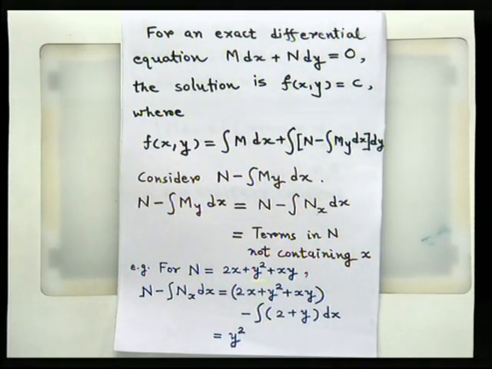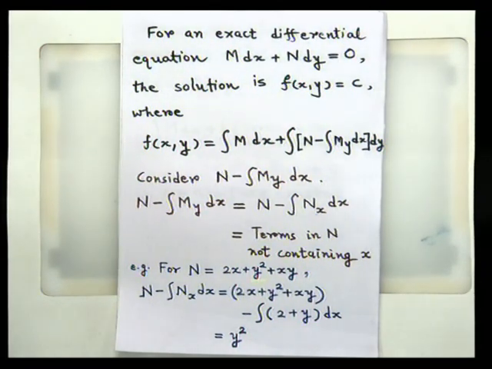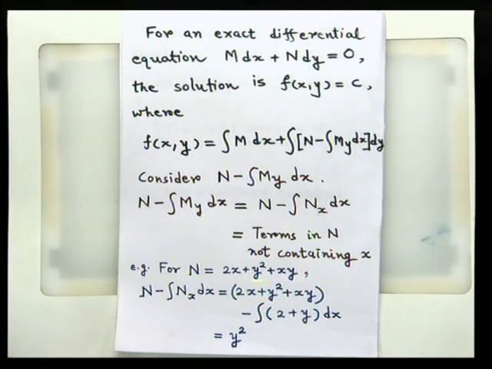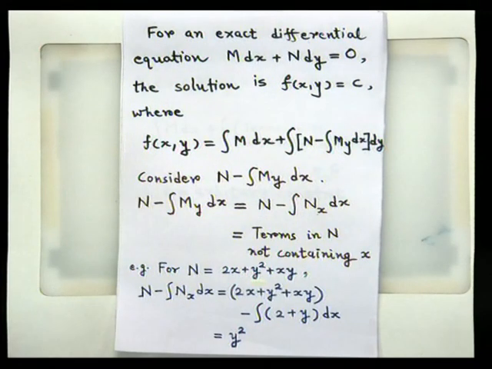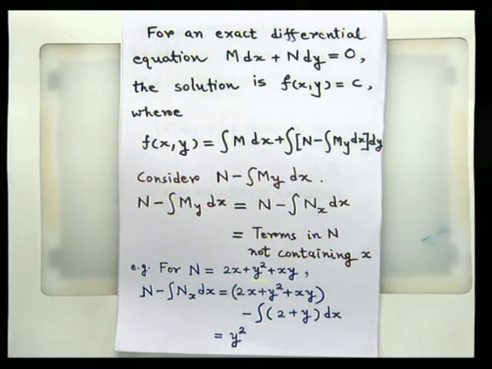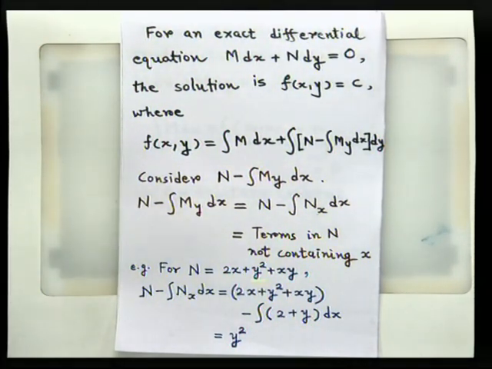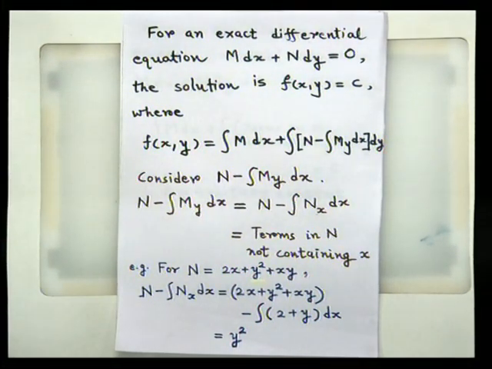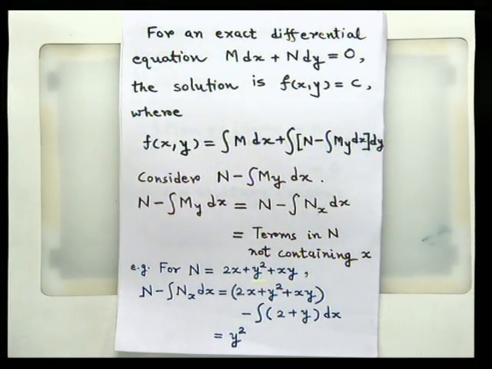So we simplify the right hand side, the term n minus integral my dx. That will be equal to n minus integral nx dx, as the equation is exact and we have the condition my equal to nx. But n minus integral nx dx is nothing but the terms in n not containing x.